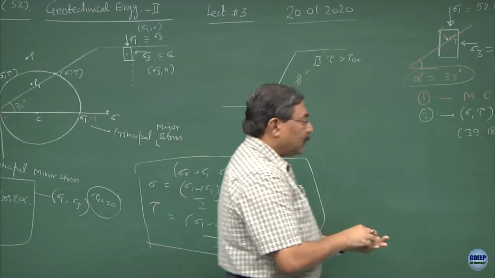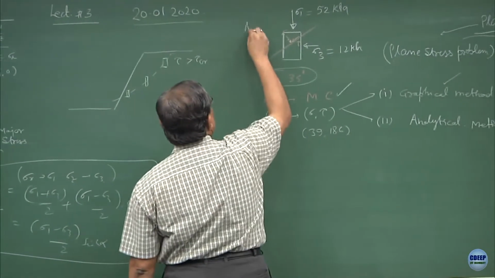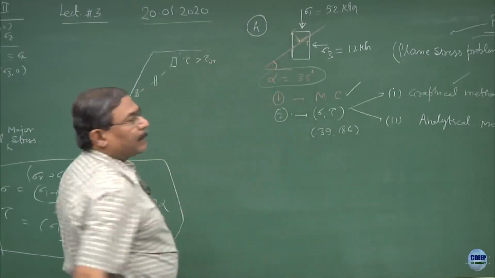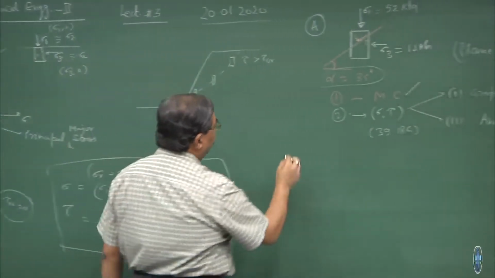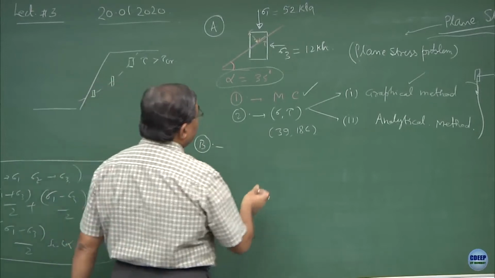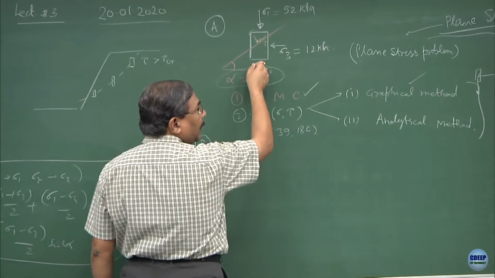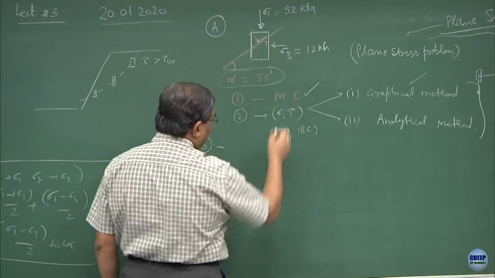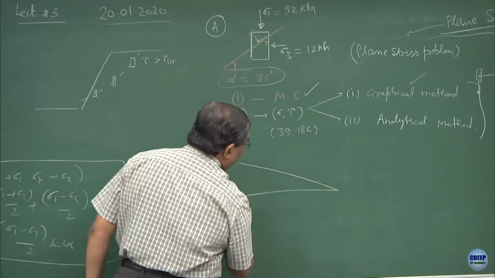So, the second class of the problem which we normally talk about, this is the first category of the problems. The second class of the problem would be if there is a complete rotation of the plane. That means this element rather than sitting horizontal, it might be sitting on a plane which is at angle beta.